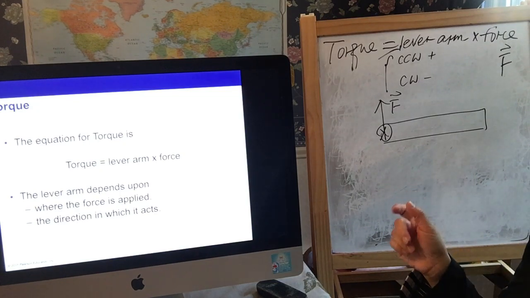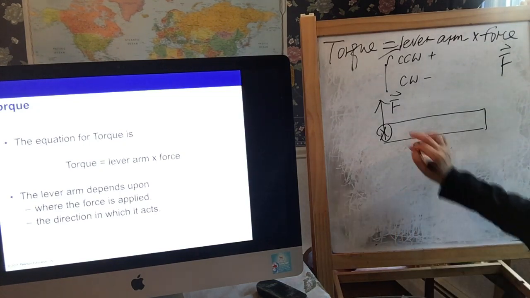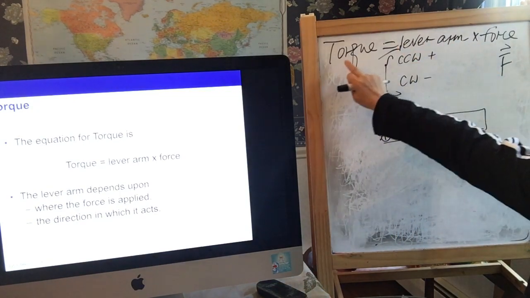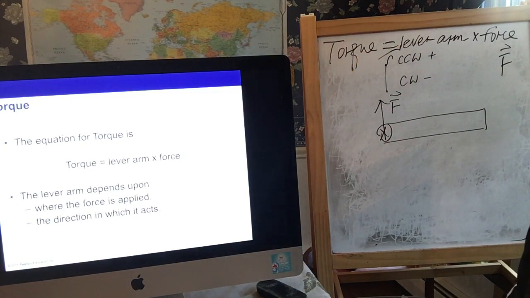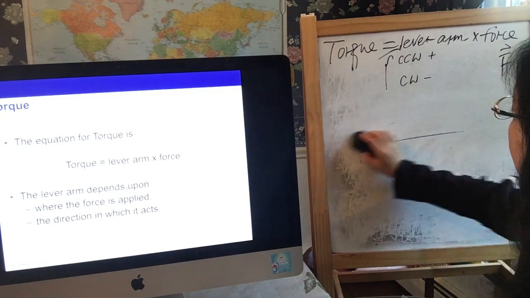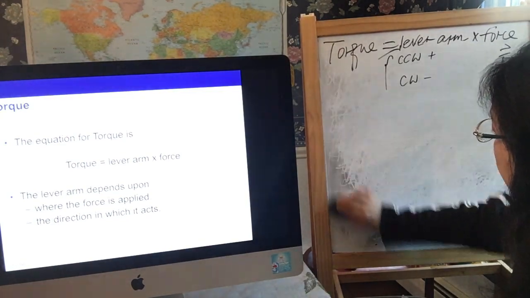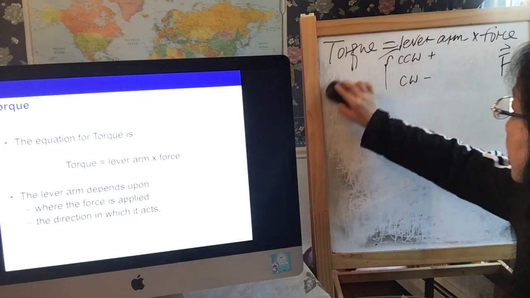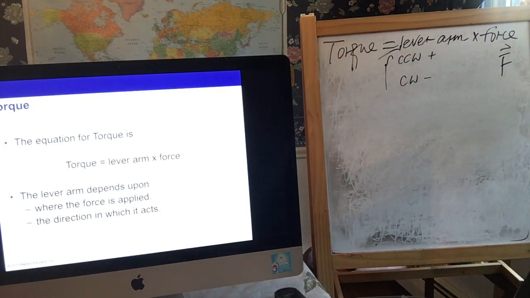In this case, the lever arm is 0. If the lever arm is 0, that tells you the torque is 0. In other words, if you apply a force passing through the axis of rotation, then the torque as a result of that force is 0. So a force applied through the axis of rotation does not generate any torque.